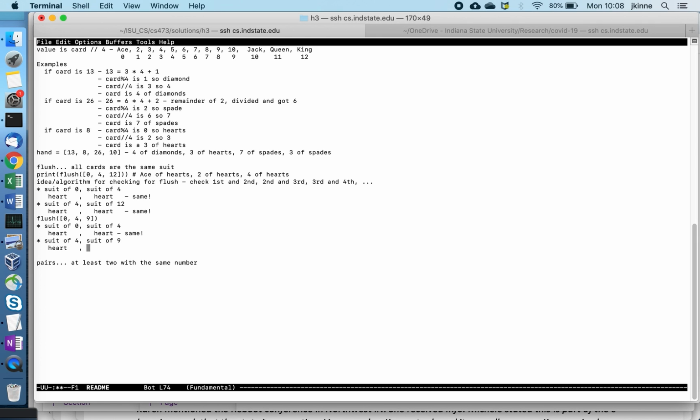What is the suit of the 9? We're considering it as a diamond because it has a 1 remainder. These are not the same. So the answer should be false on this example.